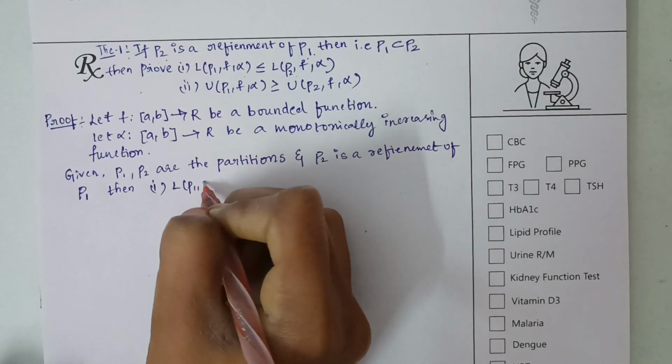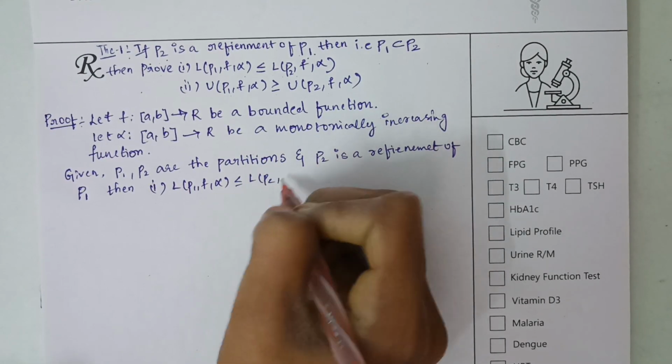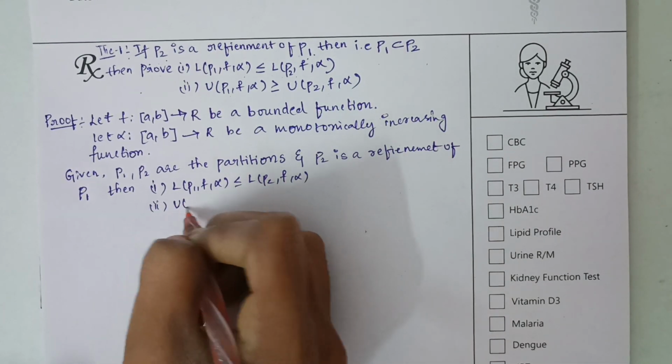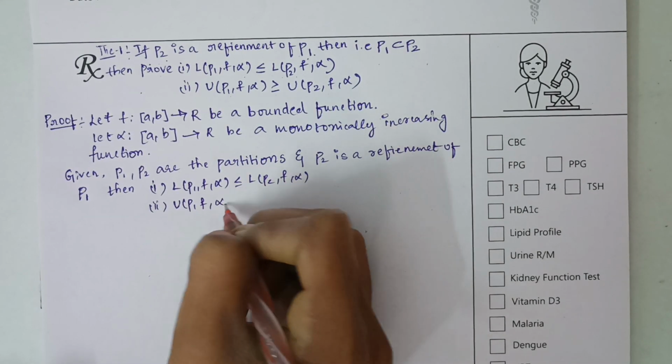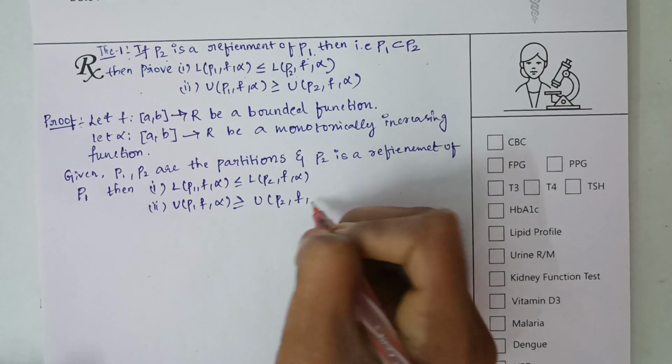L of P1 comma F comma alpha is less than or equal to L of P2 comma F comma alpha. And the second one is U of P1 comma F comma alpha is greater than or equal to U of P2 comma F comma alpha.